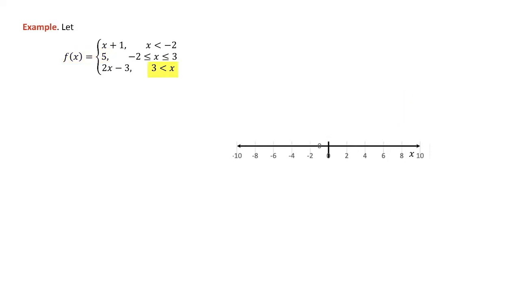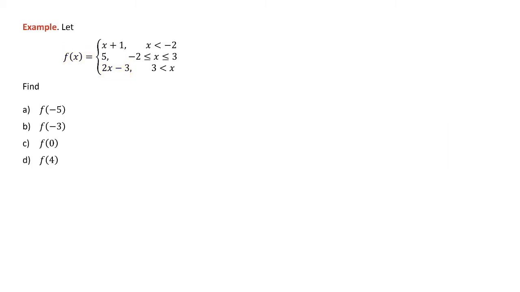When x is greater than 3, I'm over on this piece, and I'm not including 3. On this piece, x greater than 3, this is my rule. So this rule applies over here. Just think of it as 3 different groups. It's still one function, like we talked about the grades in the section. There are just 3 different rules. One rule applies to these people, one rule applies to those people, and so forth.